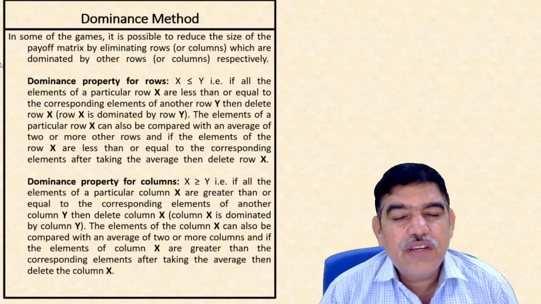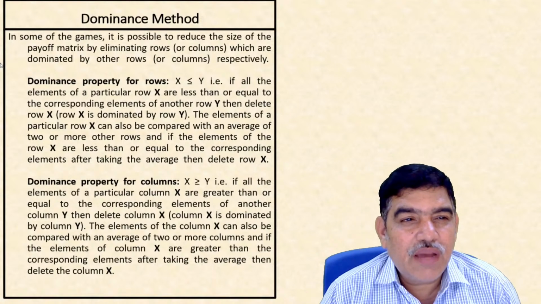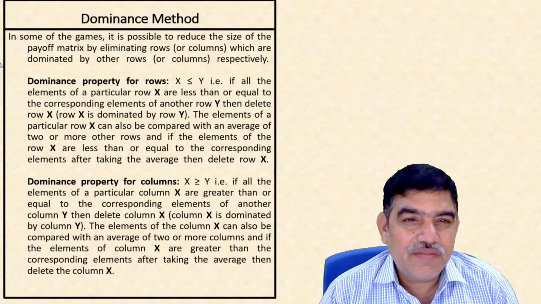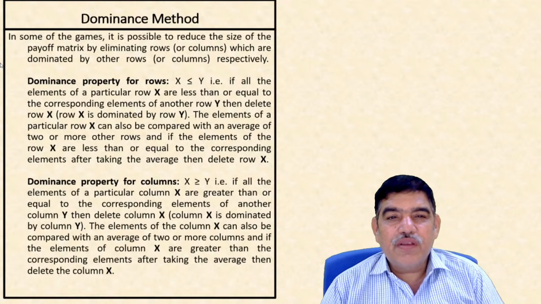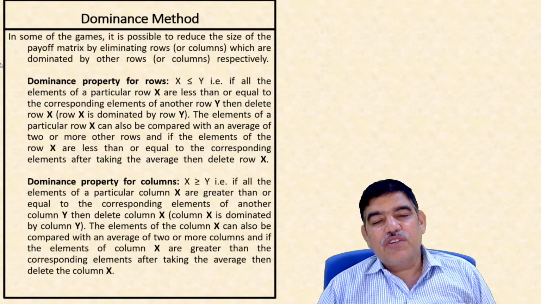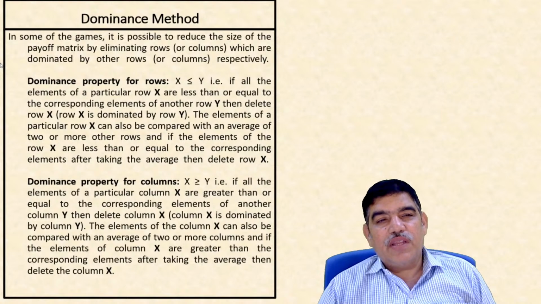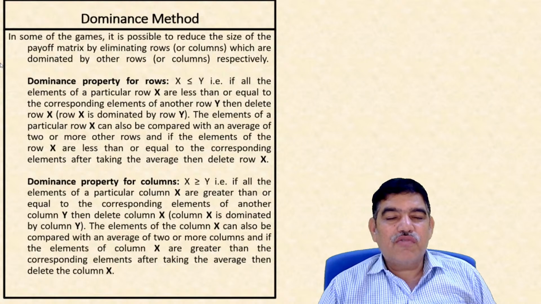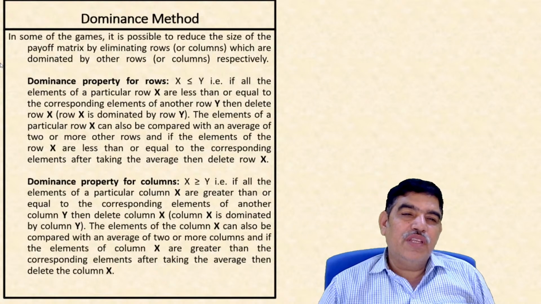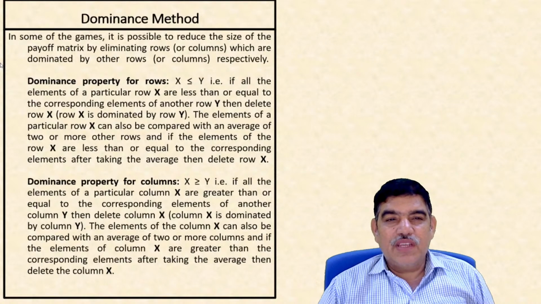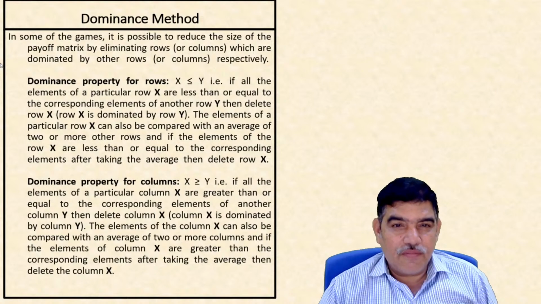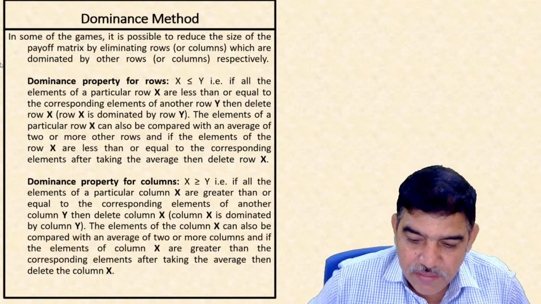You just have to eliminate the rows and columns by applying the dominance property. If there is a 4 cross 4, we try to reduce it to 3 cross 3, then apply the same method to reduce it to 2 cross 2. Then it is very easy to find the solution by using the minimax or maximin principles or the odds method, if the matrix is 2 cross 2.